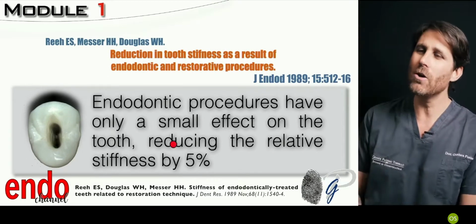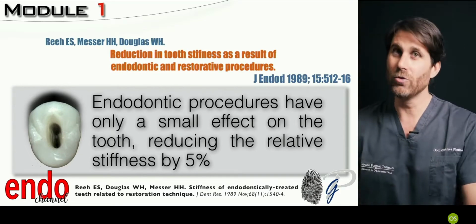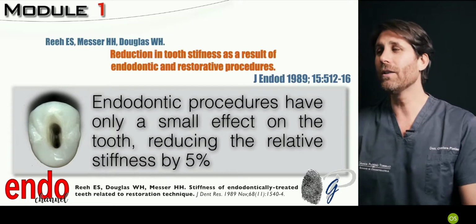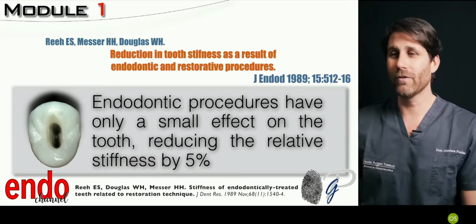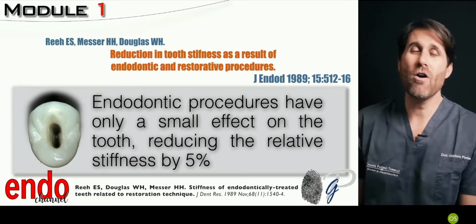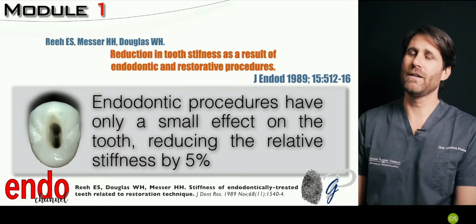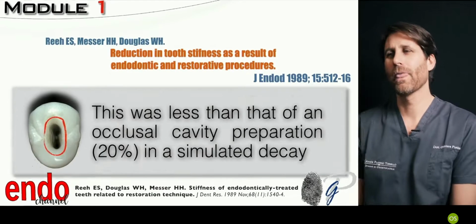So if we only open the access cavity, we only reduce the stiffness of the tooth by 5%. We have known it since the late 80s. So in intentional endodontics, there is honestly no need to be ultra conservative. Just be conservative as much as is needed.